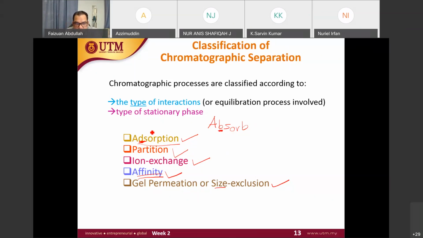Or can you give your own idea what is absorption and what is adsorption? You can open your mic and you can try to answer what is the difference between absorb and adsorb. Or your laptop is still hanging.